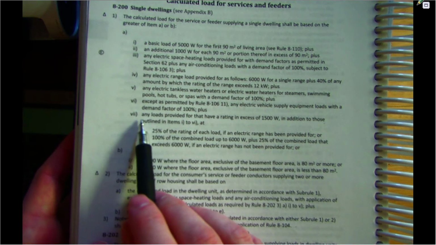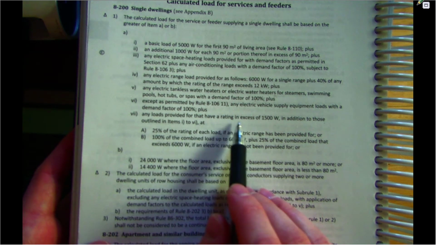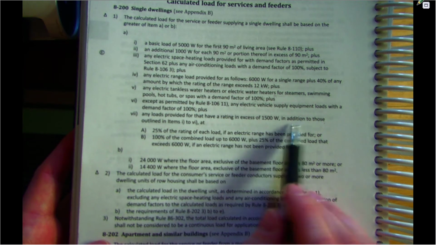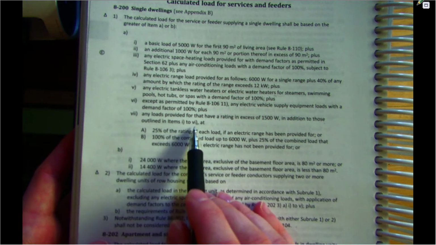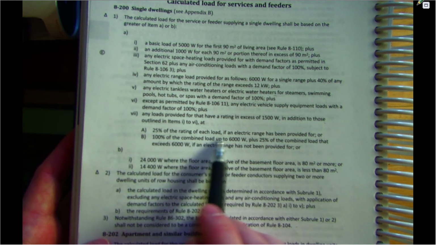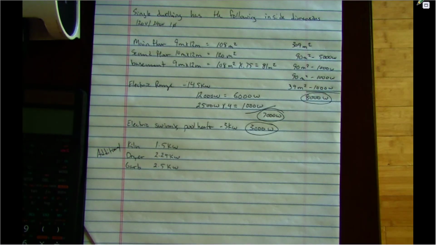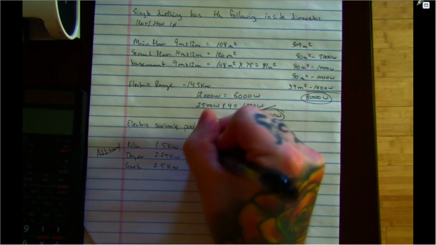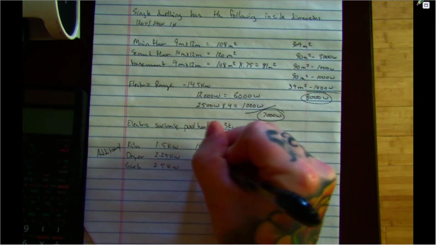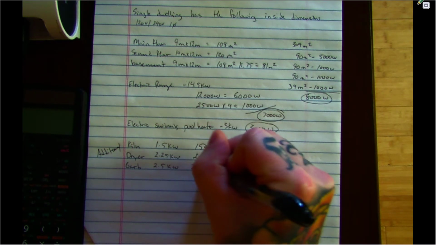Then it talks about here in Rule 7, any loads provided for that have a rating in excess of 1,500 watts, in addition to those outlined in 1 through 6 up here, at 25% of the rating of each load if a range has been provided for. There's another rule if there isn't, but we have a range in this one, so these guys are going to go in at 25%, for every load above 1,500. So this one's at 1,500, this would be at 2,250, this is 2,500.